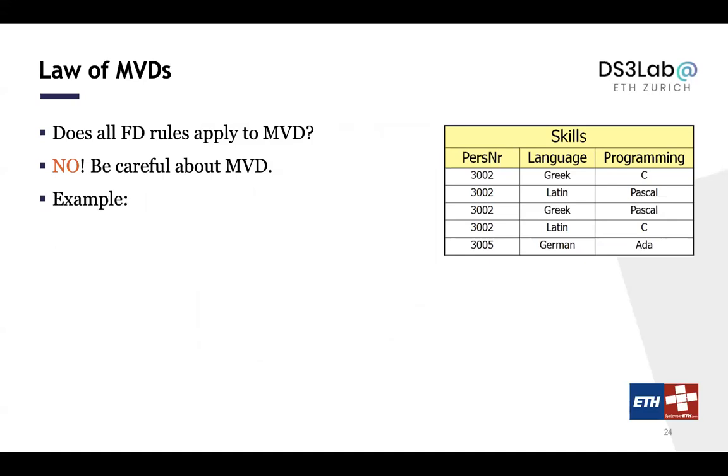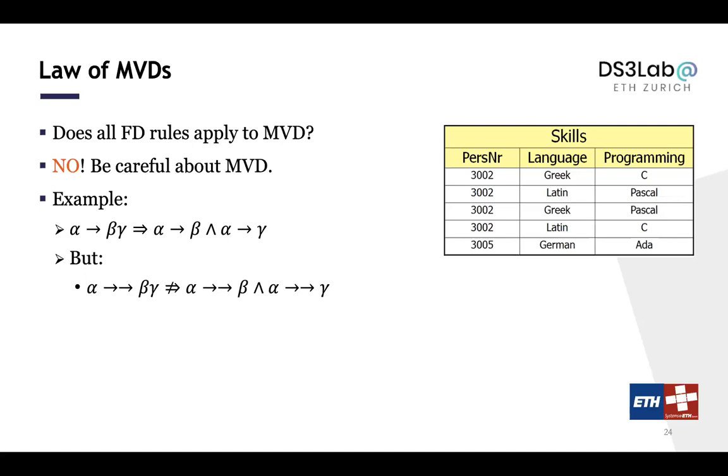Let me give you one example. When we are dealing with functional dependency, we used to have this rule called the decomposition rule. Whenever I have alpha to beta gamma, it implies I will have alpha to beta and alpha to gamma.